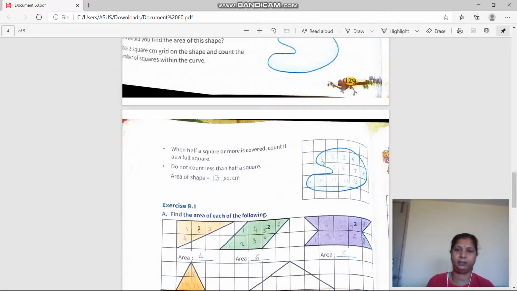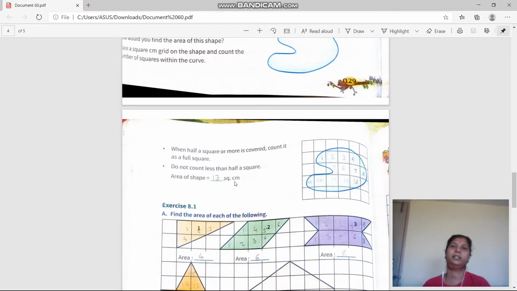See, 1, it is more than half, so I have counted it as 1, 2, 3, 4. This area and this area are not counted. Am I right? Fine. 5, 6, 7, 8, 9, 10, 11, 12, 13. Clear?